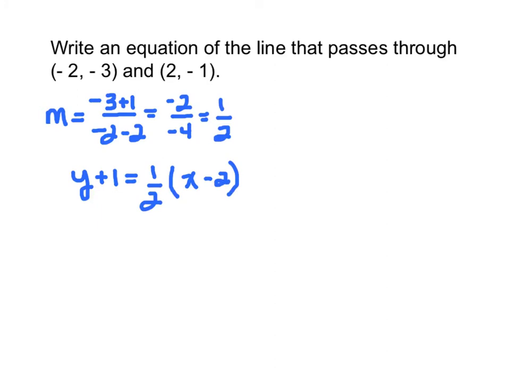Again, typically I don't see these left in point-slope form, so I'm going to move into slope-intercept form. It will become y plus 1 equal to, I'm going to distribute the 1/2 over the x minus 2, and so 1/2 times x, and 1/2 times that -2. 1/2 times -2 is going to give me minus 1.